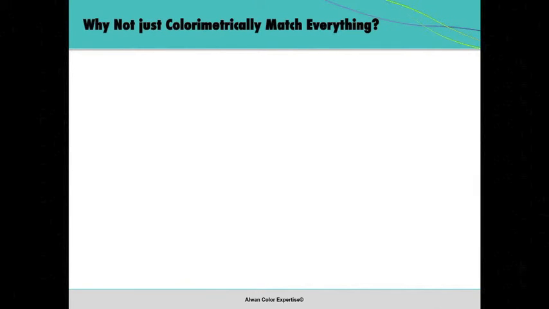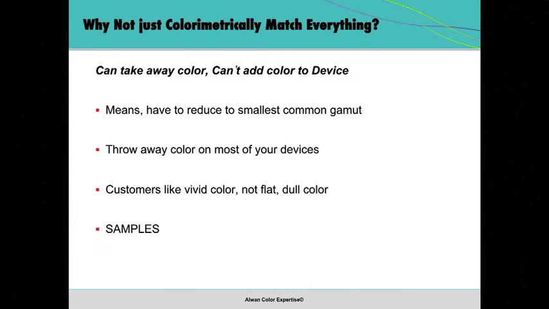So the question comes up, why not just colorimetrically match everything? The reason we can't colorimetrically match everything is because of the laws of physics. Devices have color capabilities which are finite to that device condition, meaning the device and the substrate.